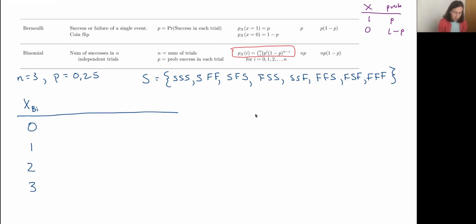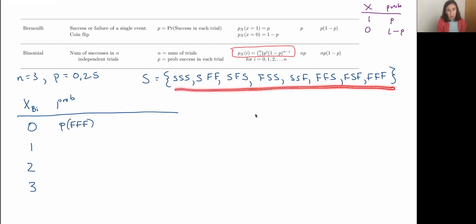So let's now think about the probabilities for each of these. The probability that x equals 0 is, what is that? Well, that's the probability of FFF. That's the only one of these outcomes that has 0 successes in it.